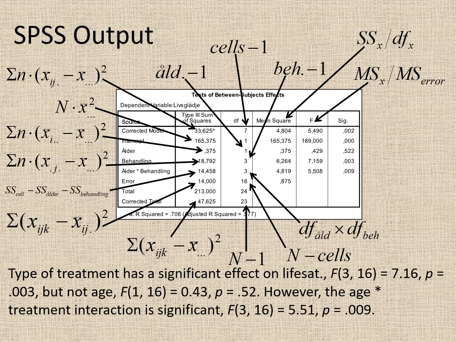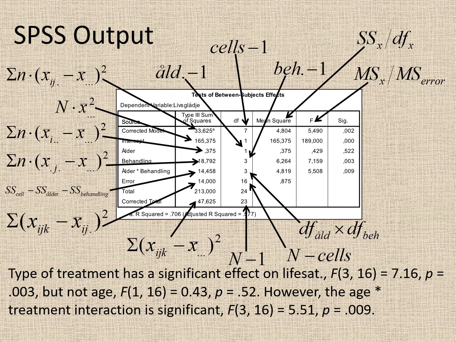How about treatment? If we collapse data over the two H groups, will we assume that treatment has any effect on life satisfaction? Yes, because our p-value is lower than the significance level. It's lower than 0.05.